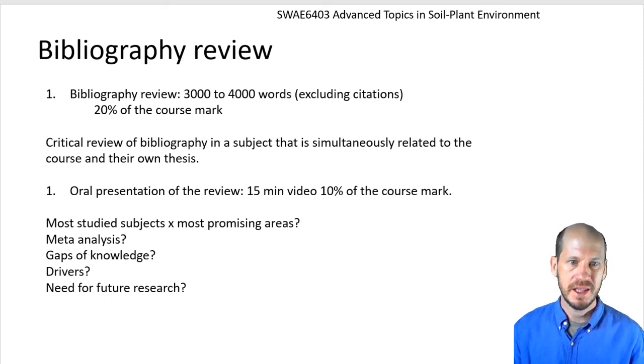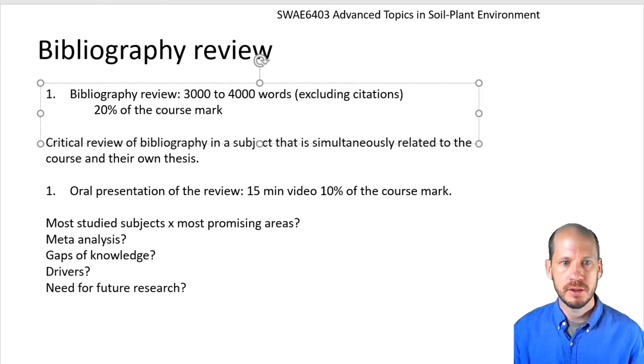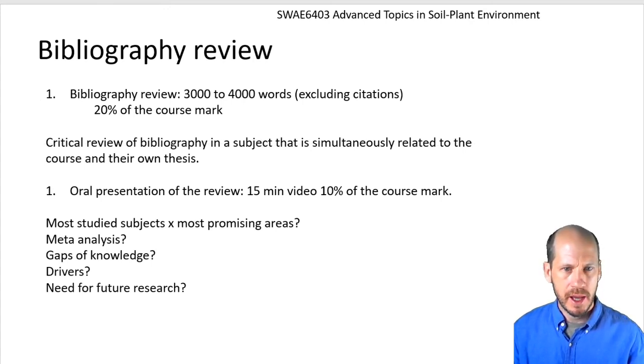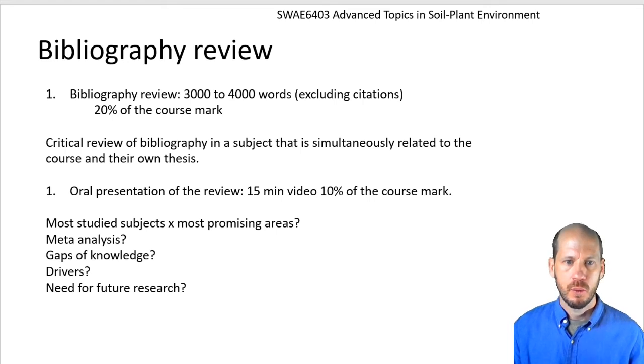If you can do a meta-analysis, if you can summarize data from different papers and do some statistics on top of that, and if you can look at drivers of variation, you should look at this data and try to explain not only what happened, but the mechanisms behind that behavior.